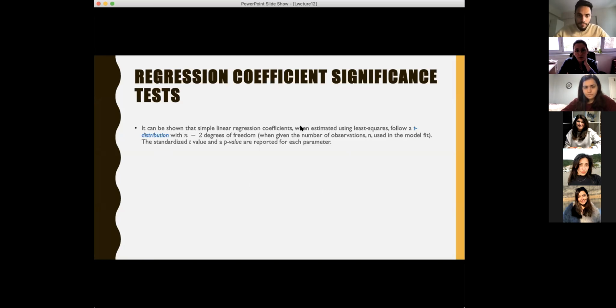So this is important. You are estimating by using least squares, okay? This is the default estimation method in the lm function in R. So you are sure that it is using least squares. So if you are using this, you can say that your linear regression coefficients follow a t distribution with n-2 degrees of freedom. And the standardized t-value and a p-value are reported for each parameter as we have seen already, okay?